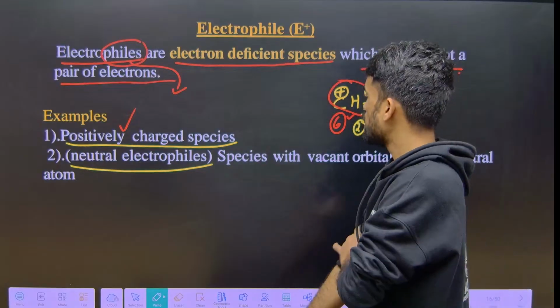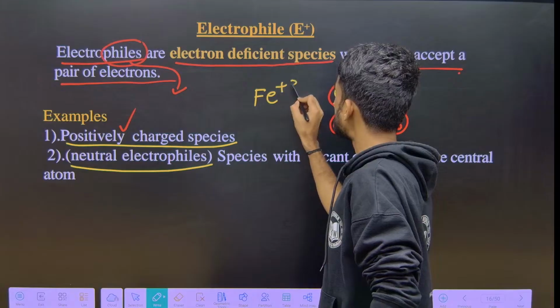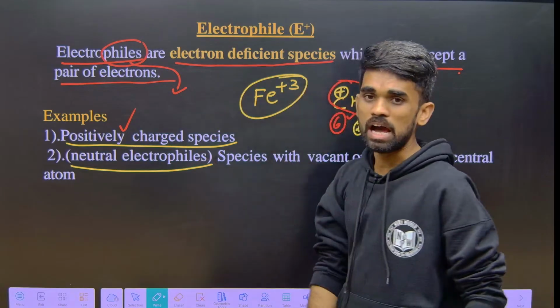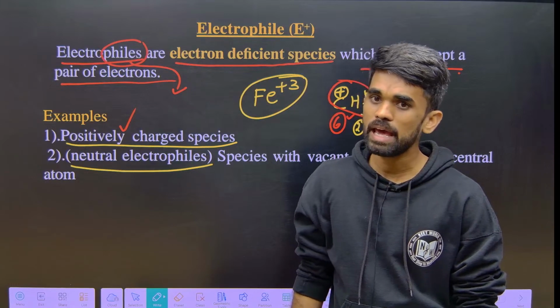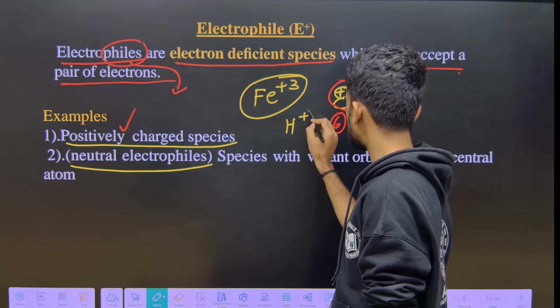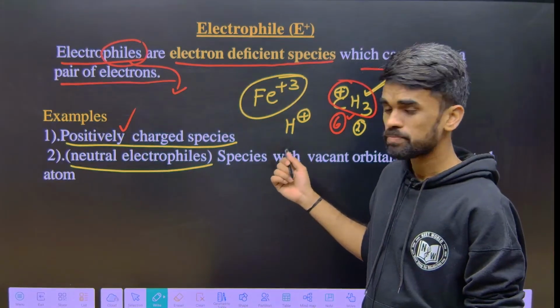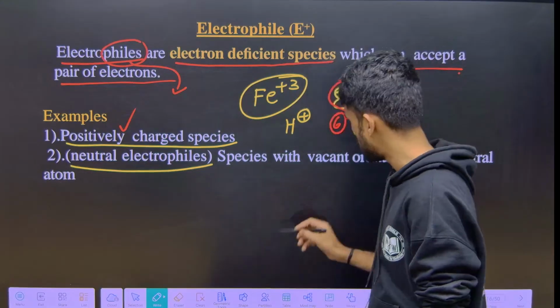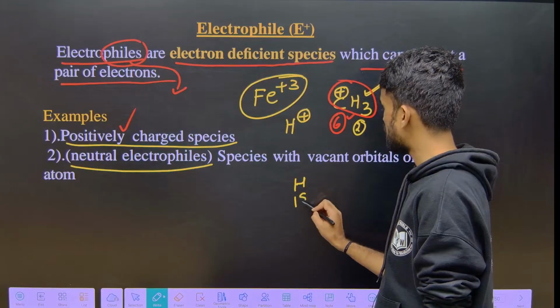Yes. Okay. Now look here, I am writing iron with a +3 charge. It also has a positive charge, so this is also an electrophile. Now hydrogen I am writing with a positive charge. It is also electron deficient. Why? Hydrogen atomic number is 1, which means a 1s1 electron is there.